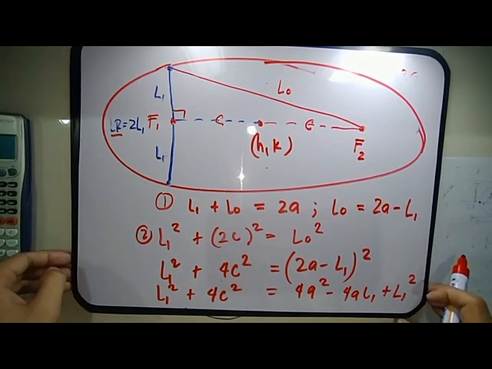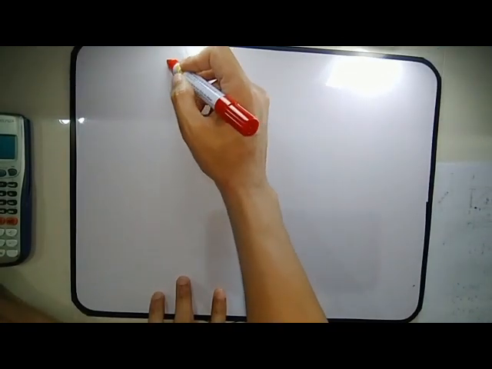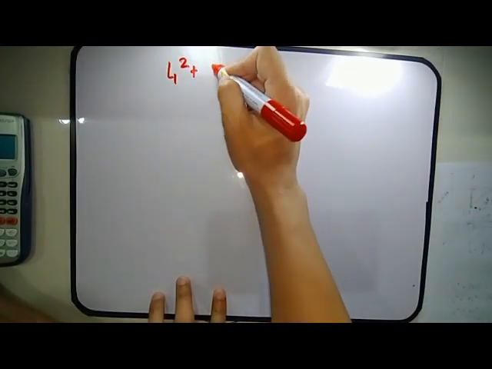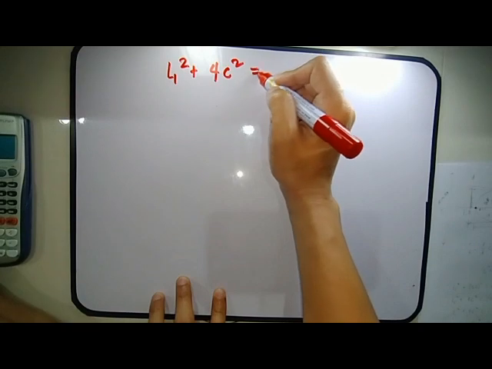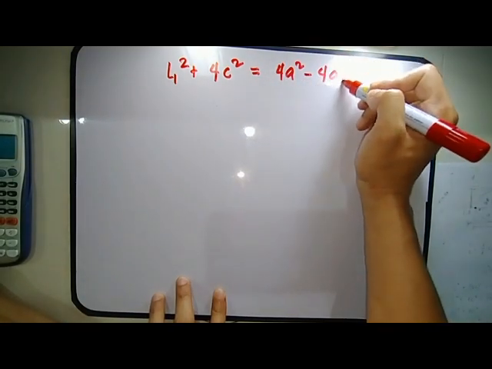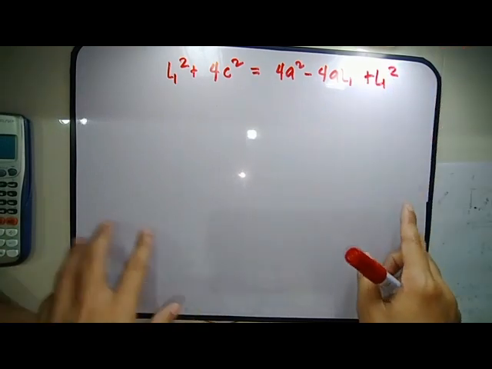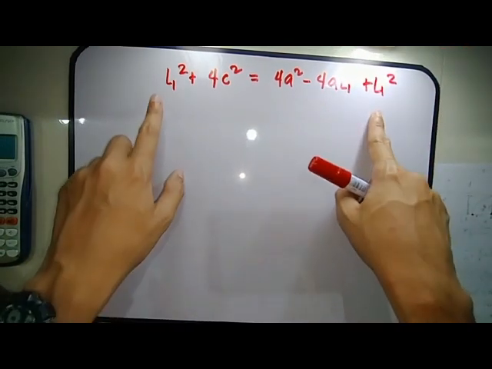Yun. Then i-simplify natin guys. So L1 in terms of A and C. So we have L1 squared plus 4C squared equals 4A squared minus 4A L1 plus L1 squared. So, meron tayo parehas na L1 squared in the other side.